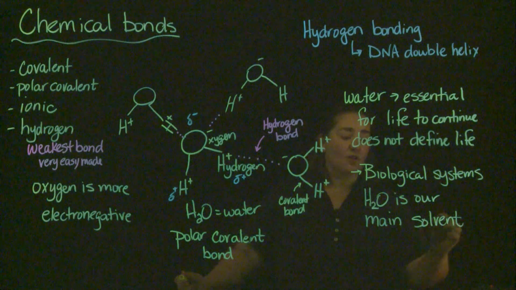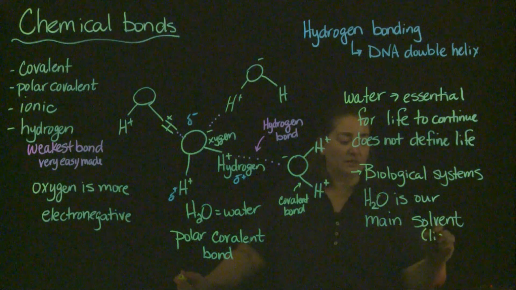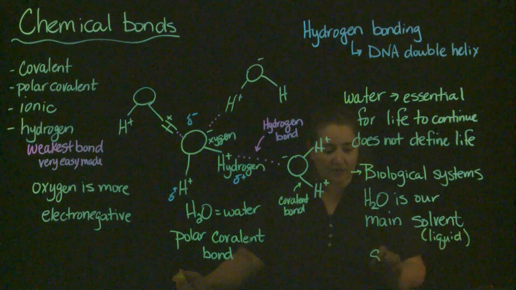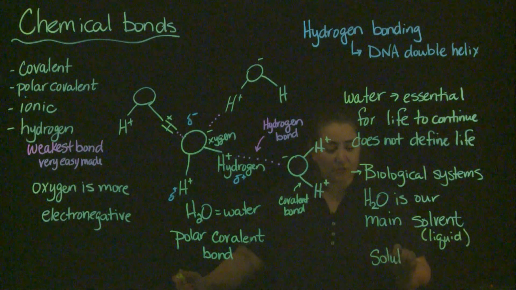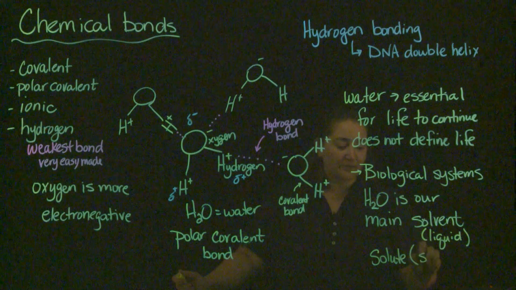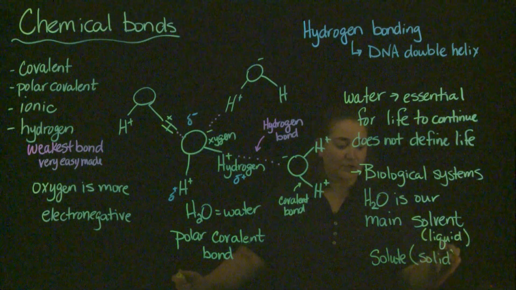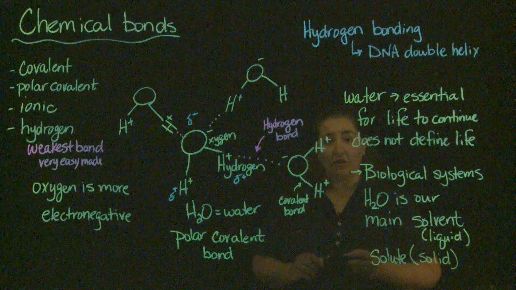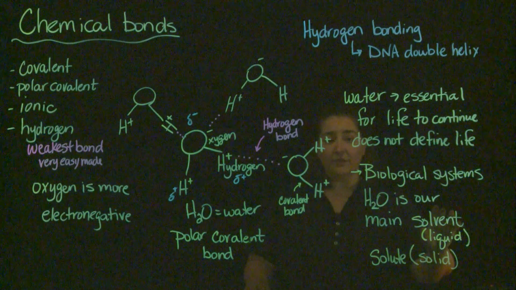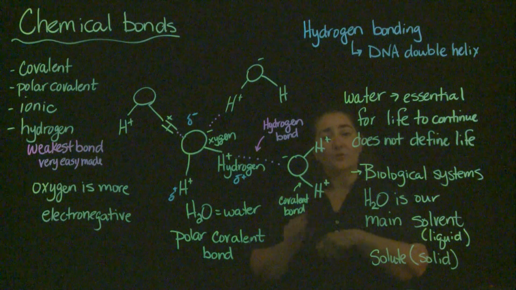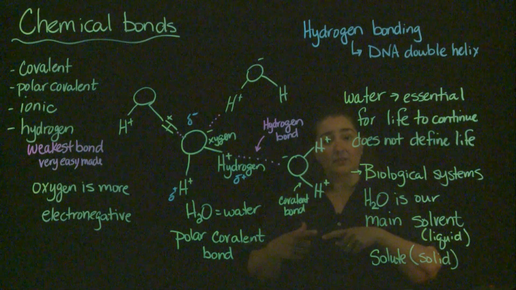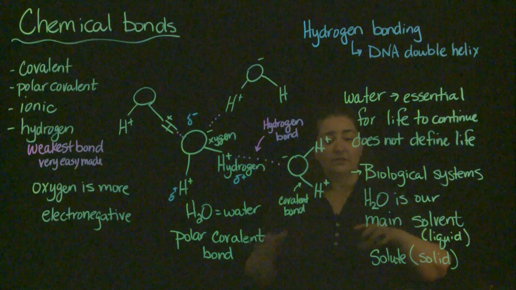So in terms of solvent, we're talking about something that is liquid, okay? The solute typically is going to be something that's going to be solid, okay? So it needs to dissolve into the solvent, and by dissolve, when you're mixing that cup of coffee, the sugar gets distributed within the solvent, okay?